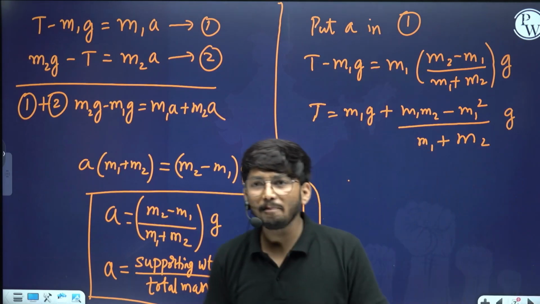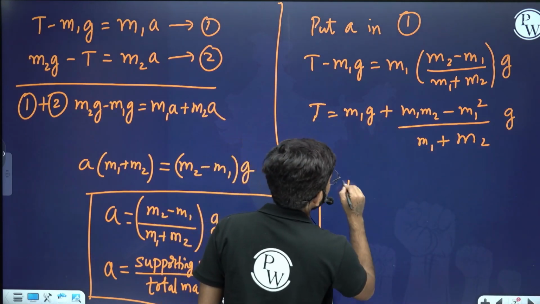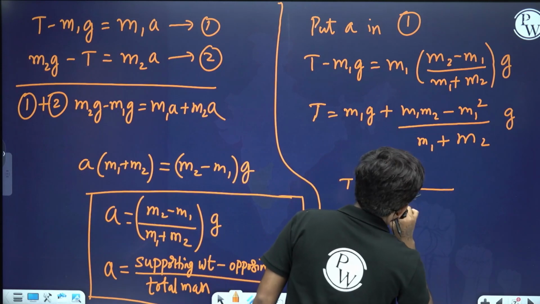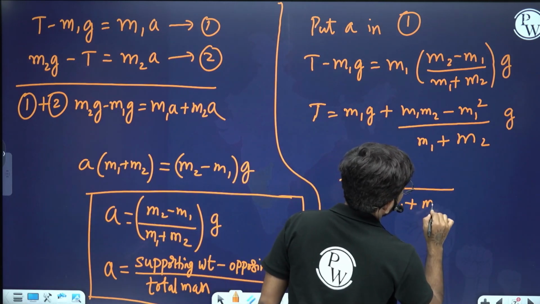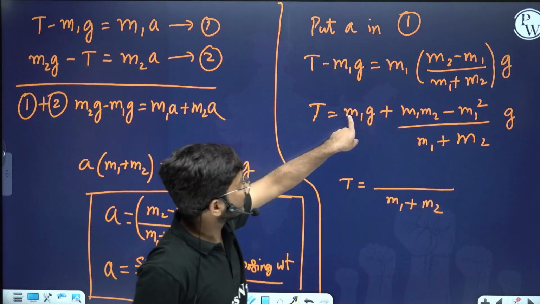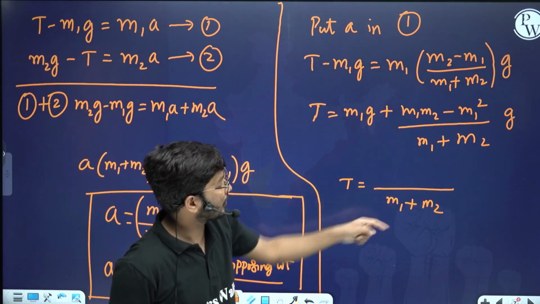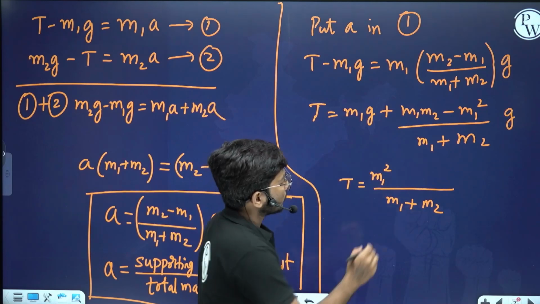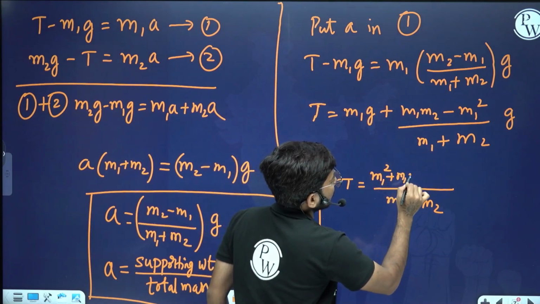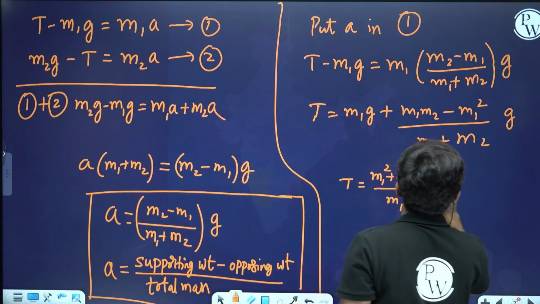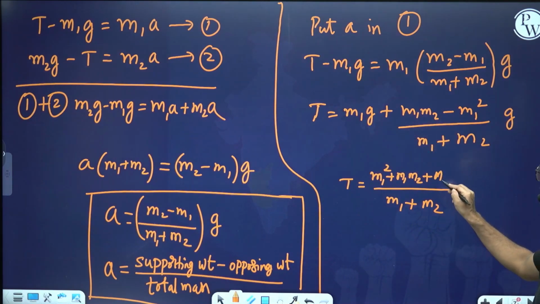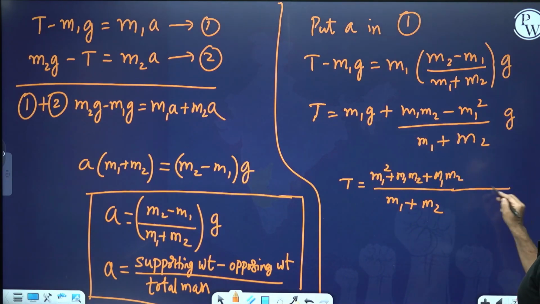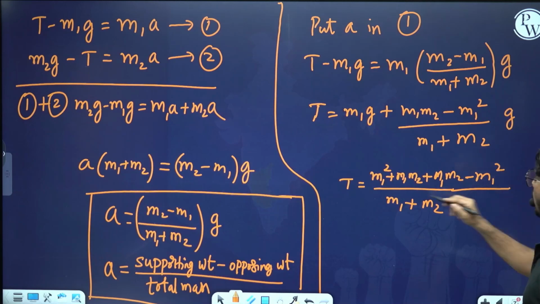ಇಲ್ಲಿ M1 plus M2 ನ LCM ತಗೊತಾ ಇದ್ದೀನಿ. So M1 plus M2 is my LCM. So in that case, this term is going to be M1 into M1. So M1 square, M1 into M2. So M1 M2 plus M1 M2 one more time, M1 M2 minus you have M1 square.